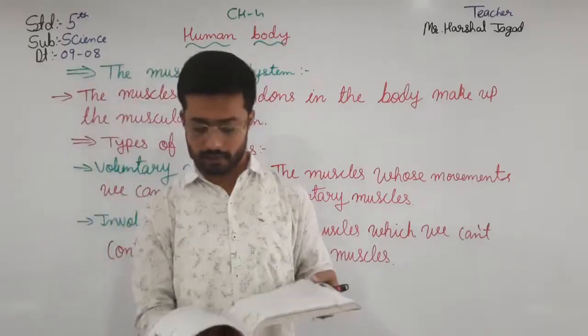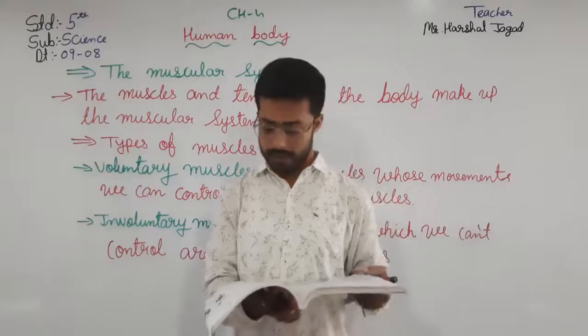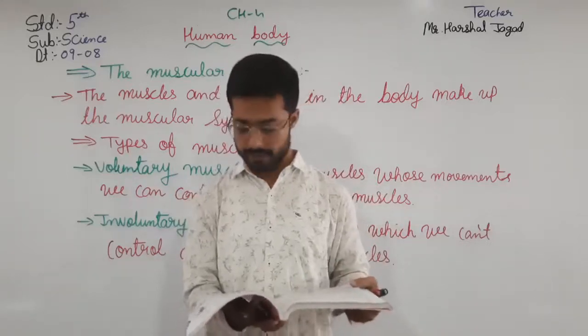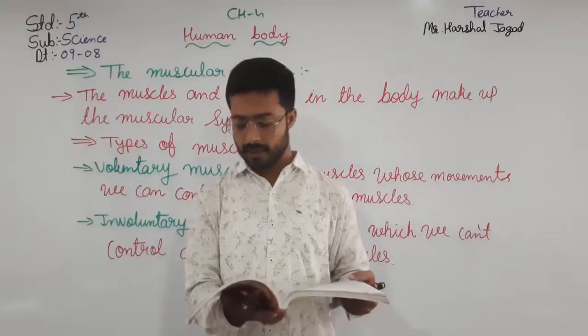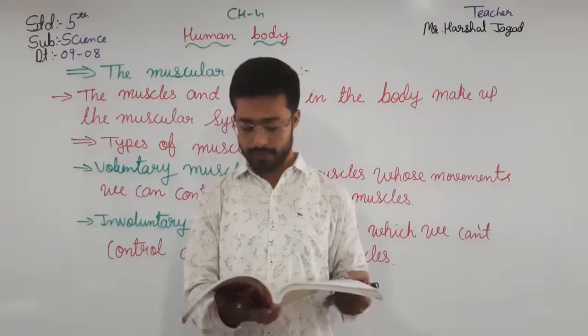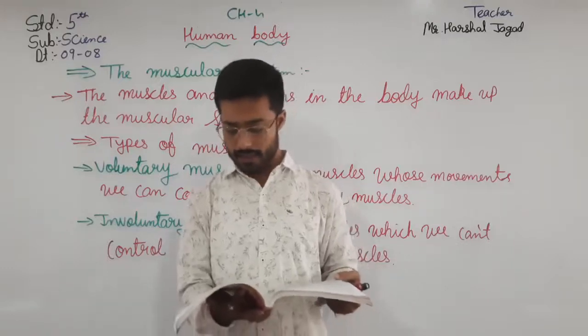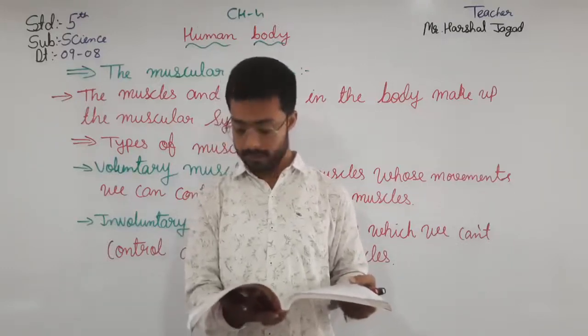Okay, here I am reading that muscles can be either voluntary or involuntary. The muscles whose movement we can control are voluntary muscles, such as those of arms, legs, and face. The muscles that we cannot control are the involuntary muscles.